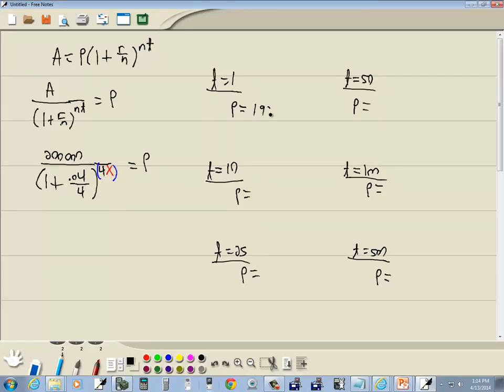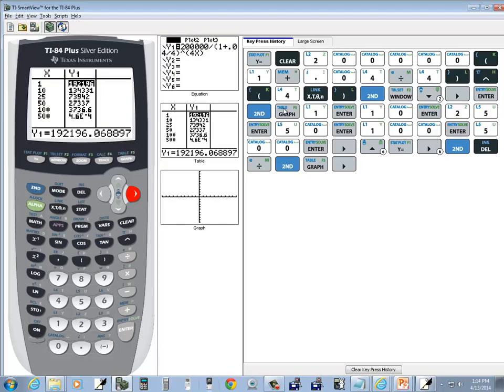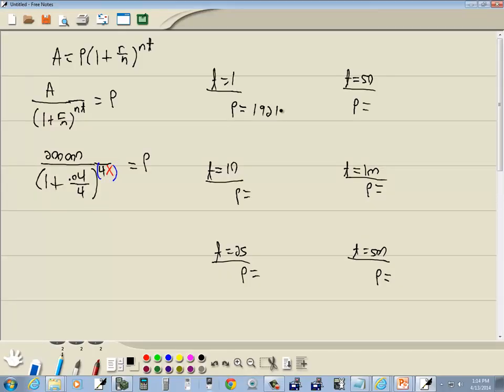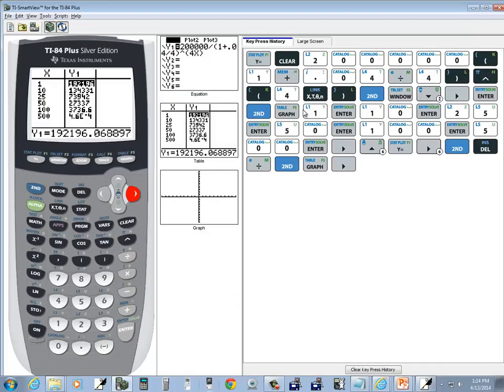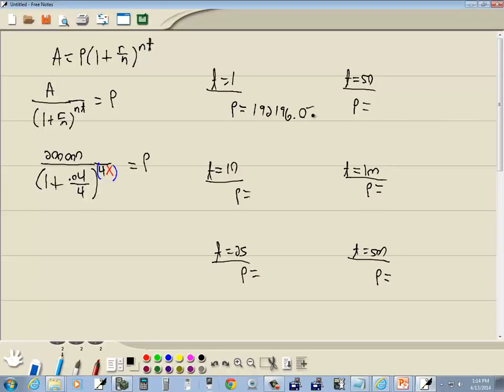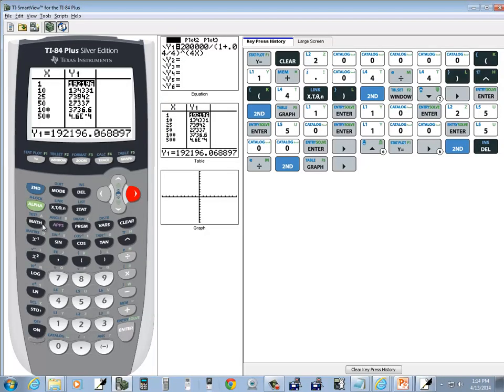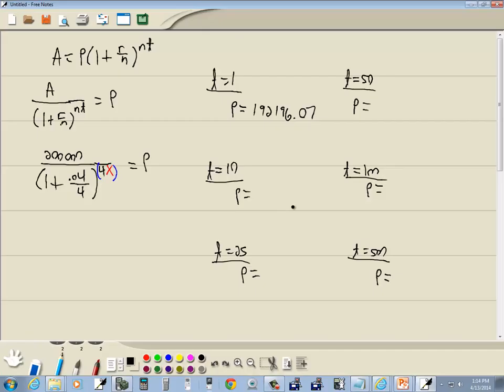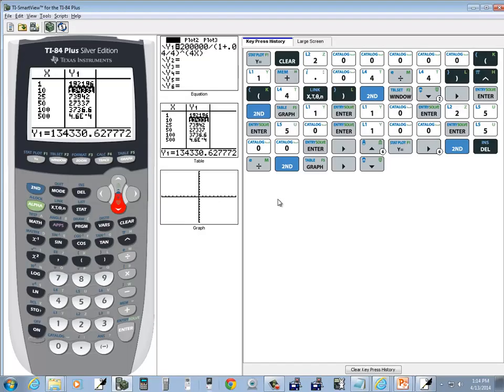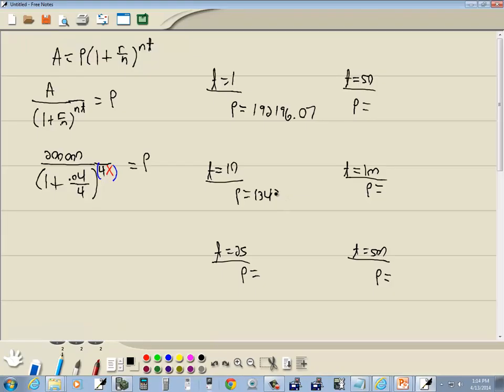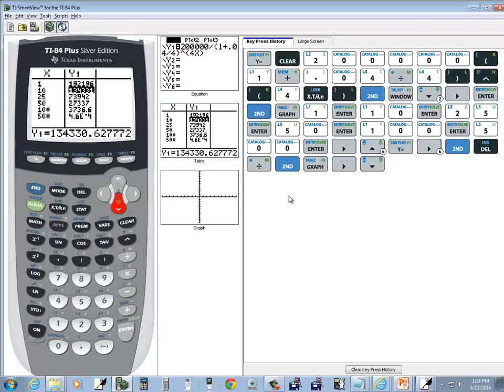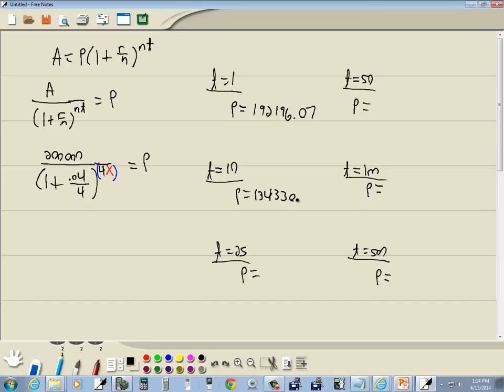Let's see, 192,196.07. So if you leave your money in for a year, this is how much you'd have to deposit in order to get 200,000 at the end. For 10, we down arrow to that. It's 134,330.63.